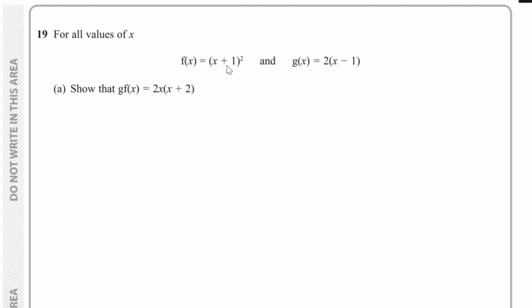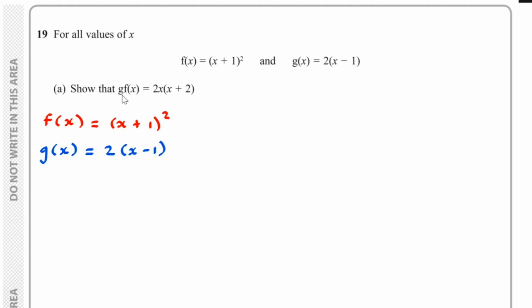For all values of x, we know that f of x is equal to x plus 1 squared, and we know that g of x is equal to 2 times by x minus 1. And what we have to do is show that g of f of x is 2x times x plus 2.